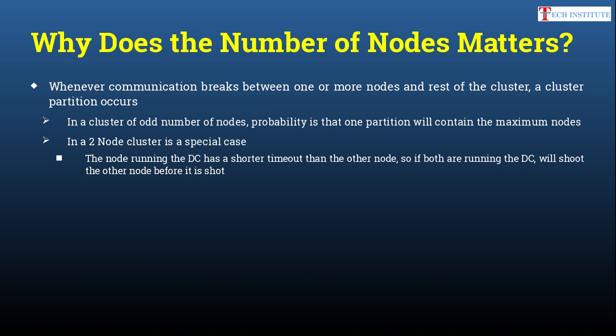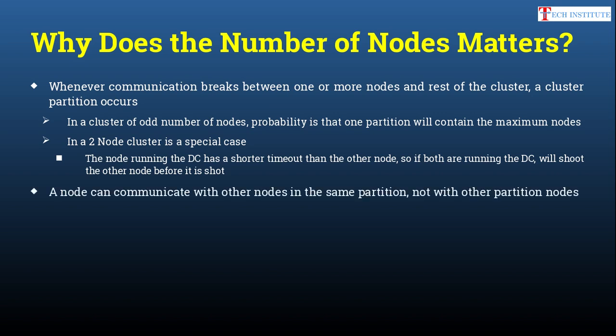So if both nodes create a partition, one node will shoot the other node, and both nodes will do the same thing. So both the nodes will go down. So there is a special case for a 2 node cluster.